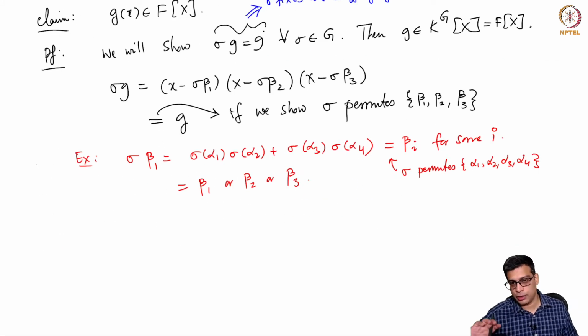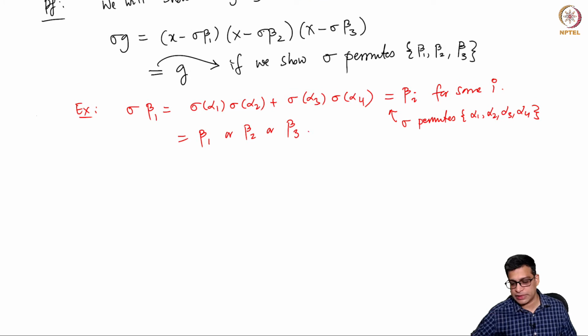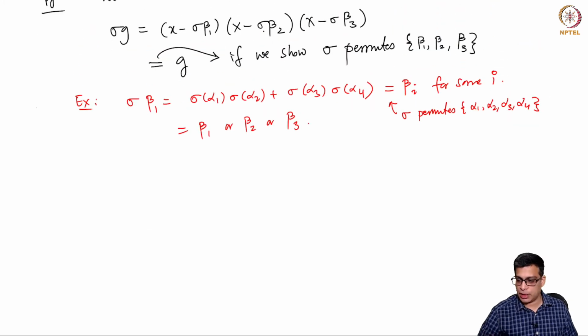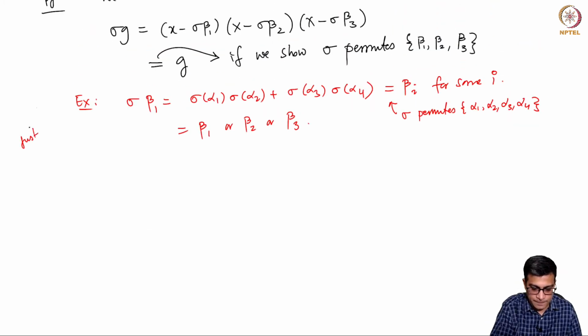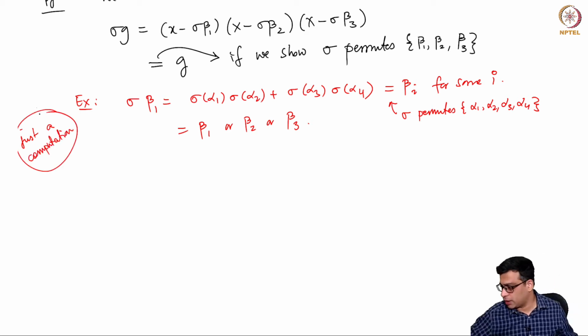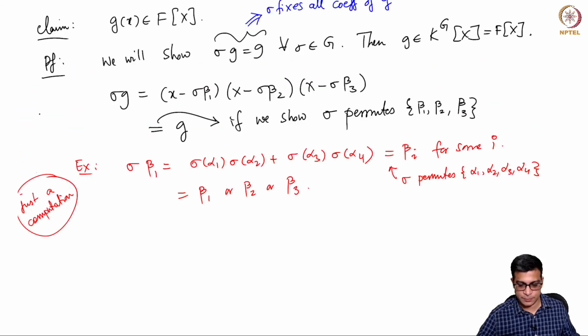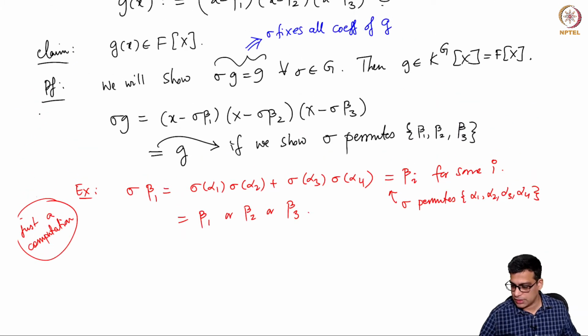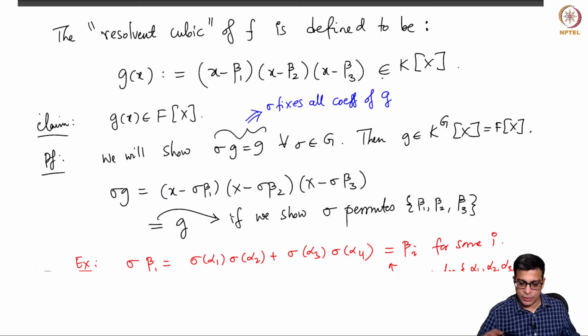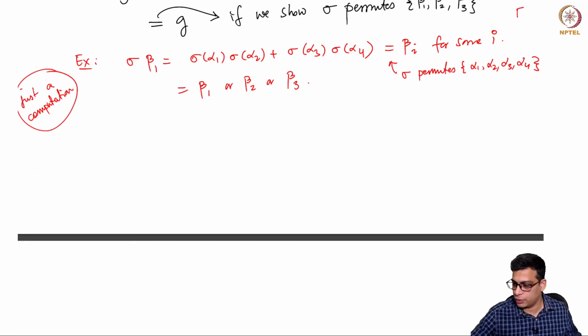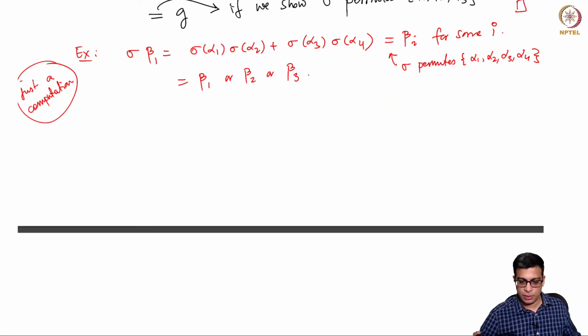Then sigma beta 2 will be something else. So this is just a computation. This point is important later on in the proof also, but I don't want to do this because it is easy, it's just a computation. So that means G is a polynomial in the base field. Okay, so let me stop that proof there and move on.